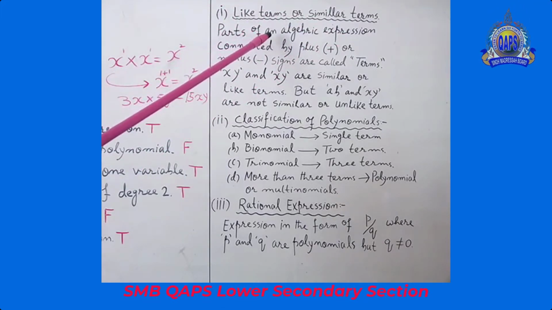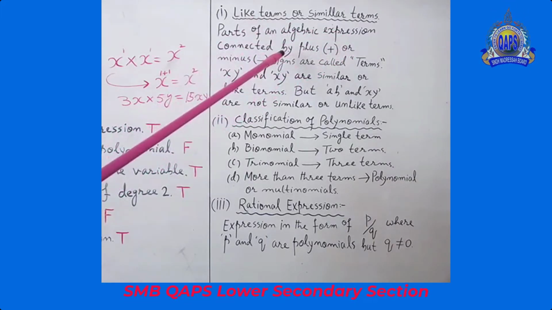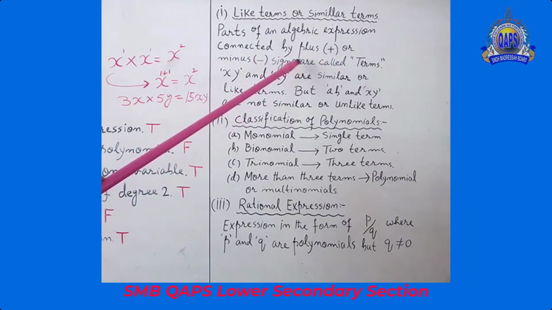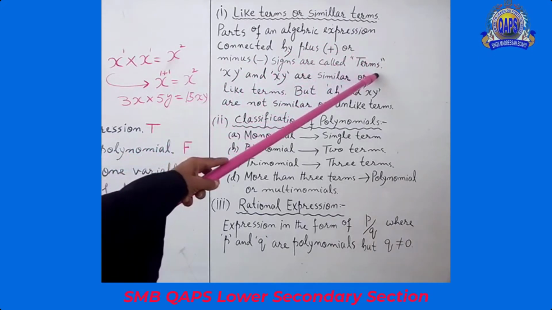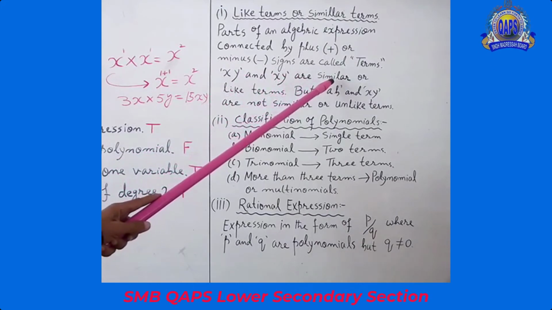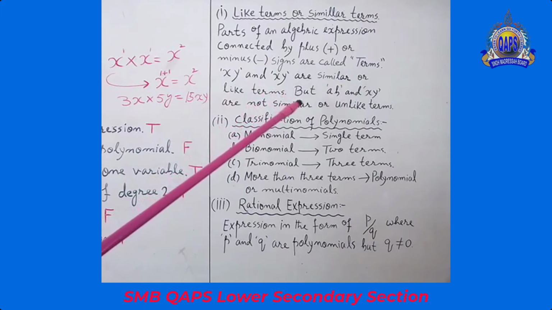Parts of an algebraic expression connected by plus or minus signs are called terms. Over here in question number 1, xy and xy are similar or like terms.